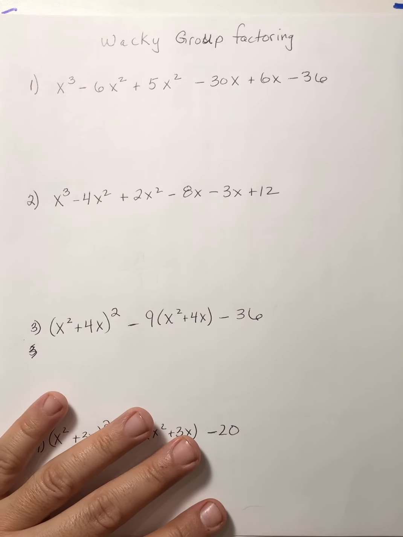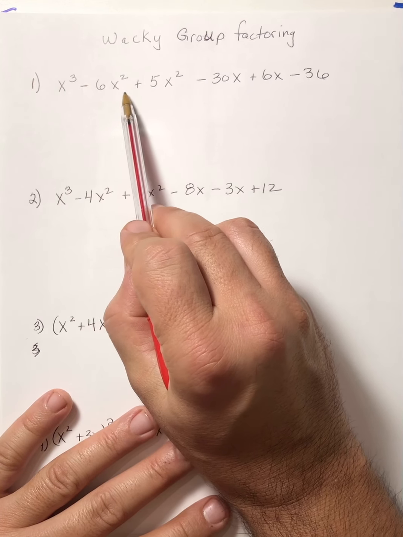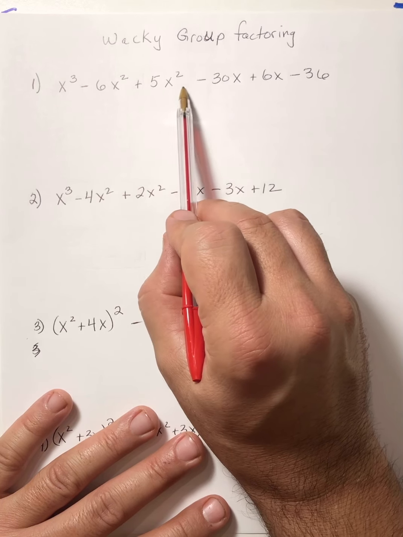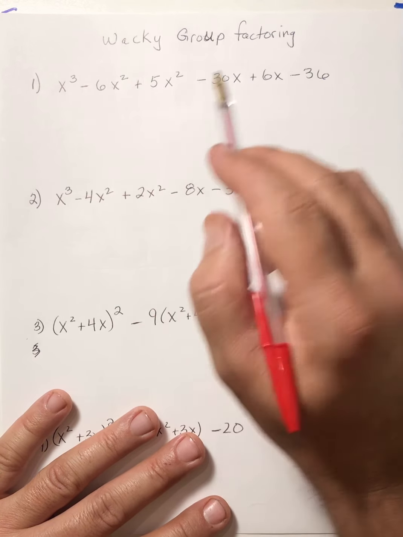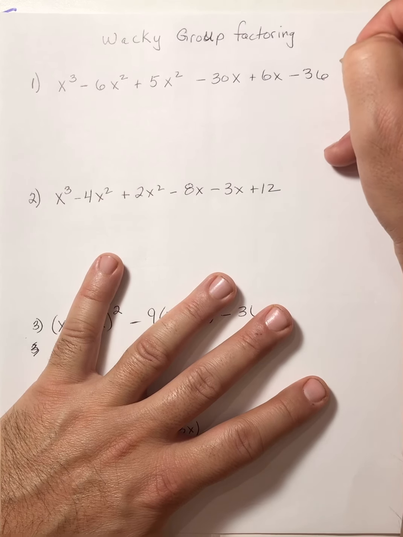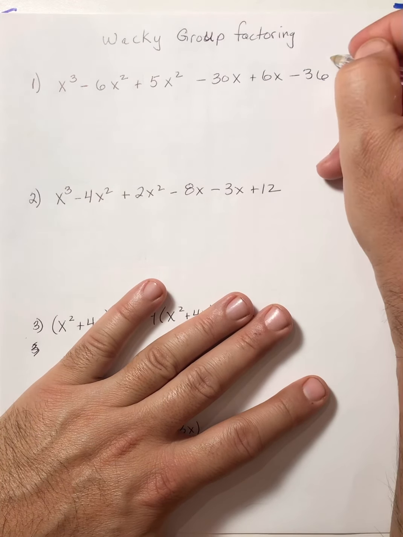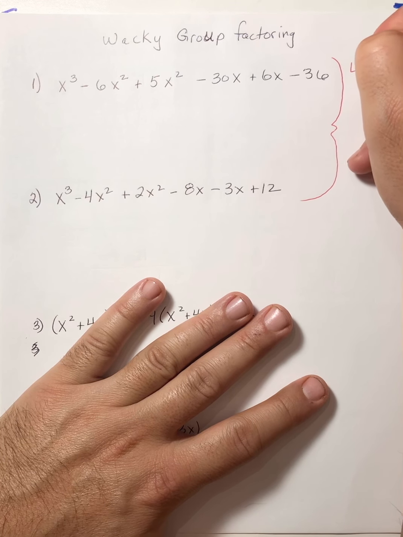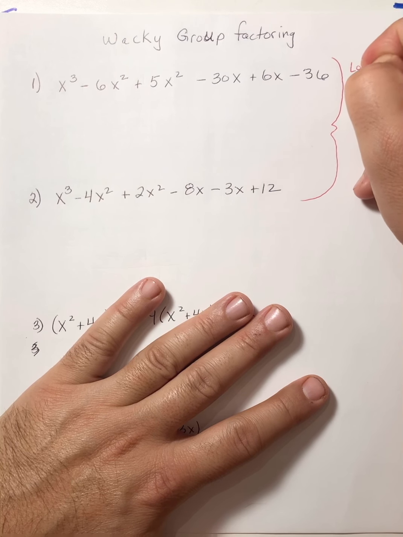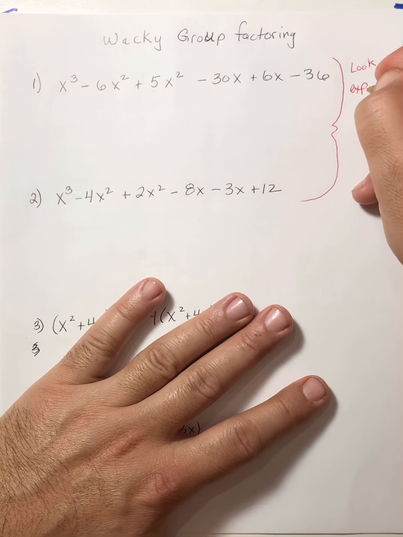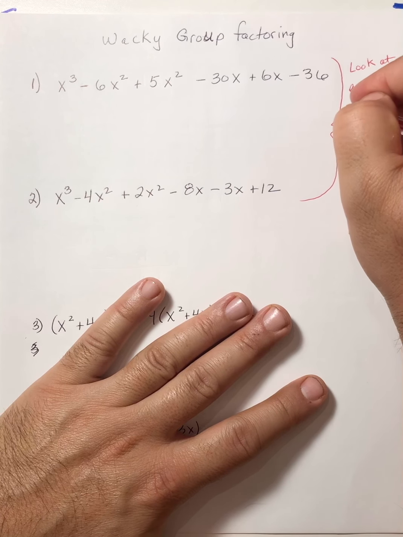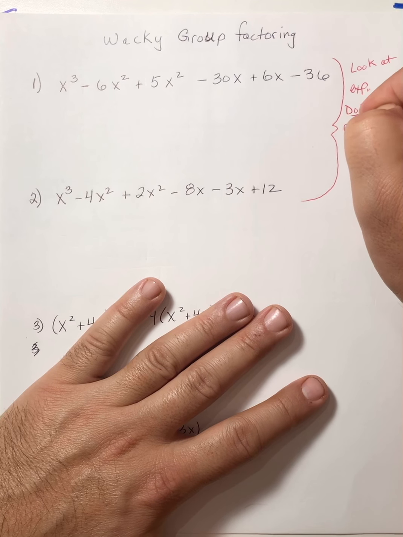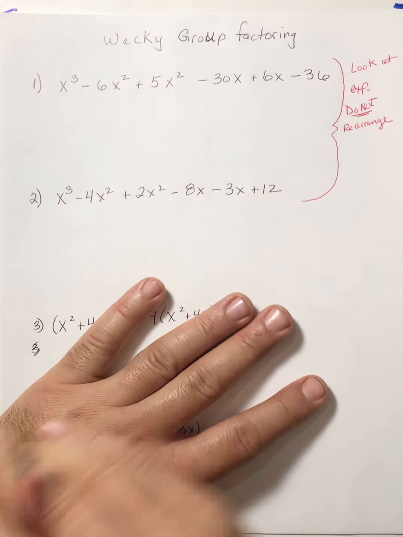Look at my first example. Look at how it's written down. Whatever you do, when you see something like this on today's work, do not combine like terms. So for problems number 1 and 2, you're going to look at your exponents. Do not rearrange.